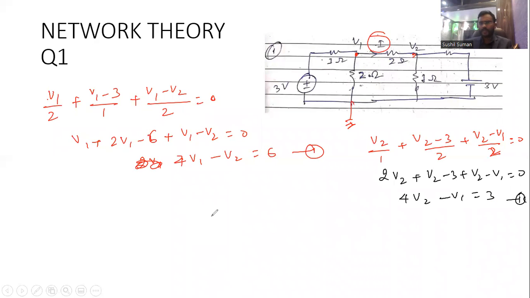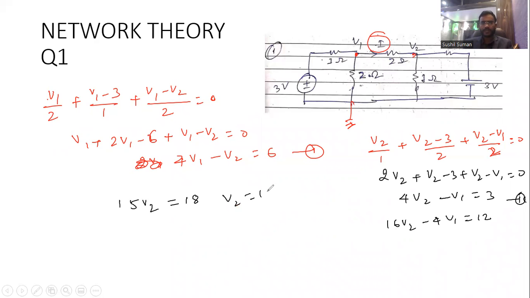Now solve equations number 1 and 2, and you will get the I value. Multiplying the second by 4, we get 16V2 minus 4V1 equal to 12. Now just add them, and this becomes 15V2 equal to 18.